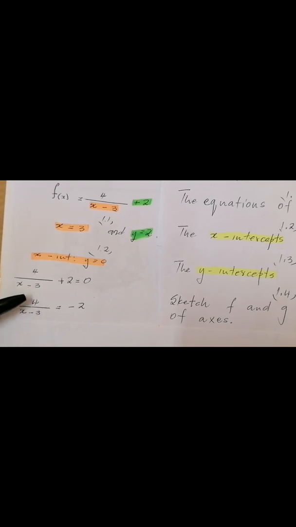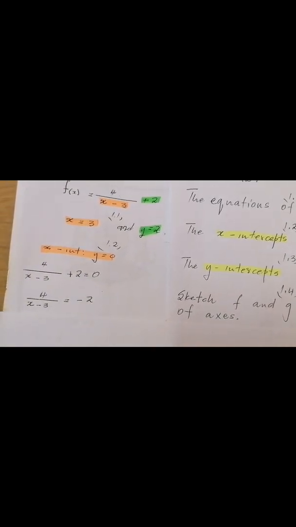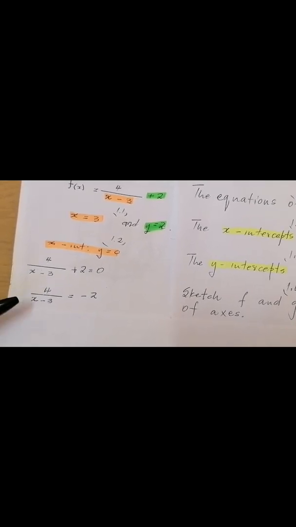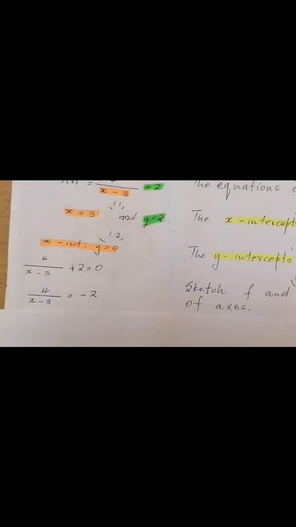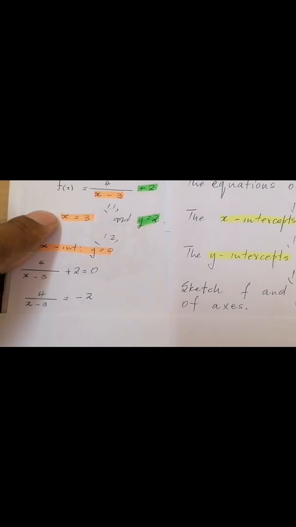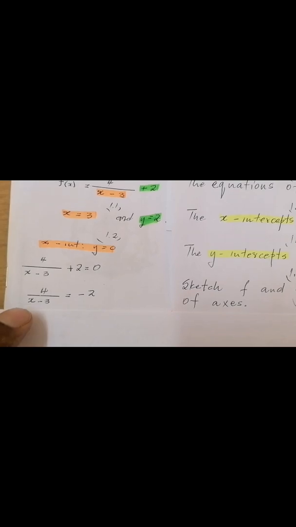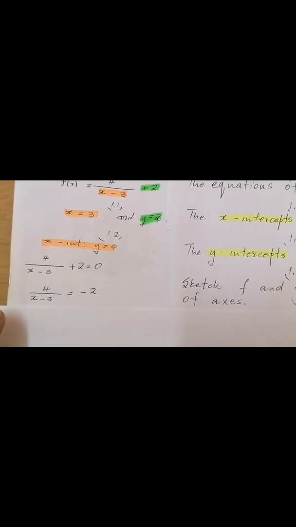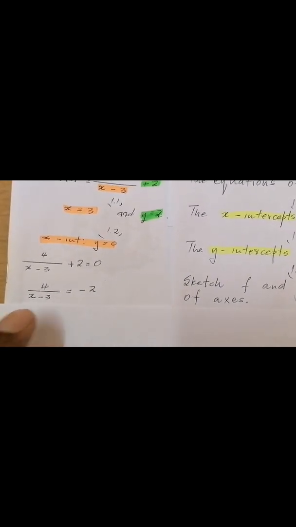Now, I want to stress this. Because it is a fraction, you cannot just do as you wish before restricting the movement of x. Remember, we said x cannot be equal to 3 there. Therefore, it allows me to multiply by x minus 3 throughout, because I know that this is not 0.